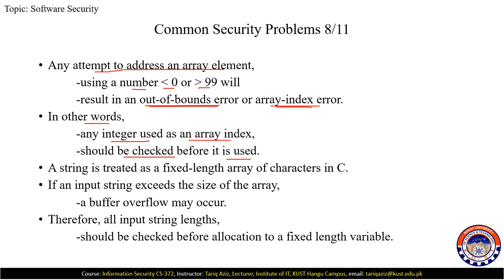Now, dear students, the second example is with respect to strings, and we know that a string is treated as a fixed length array of characters in C language. If an input string exceeds the size of the array, then a buffer overflow may occur, and consequently, malicious data can be inserted into the memory areas.